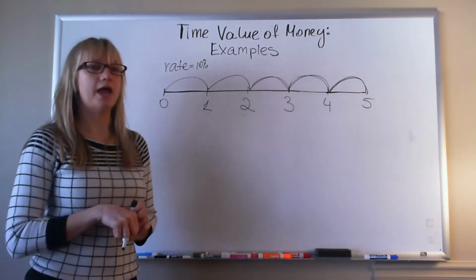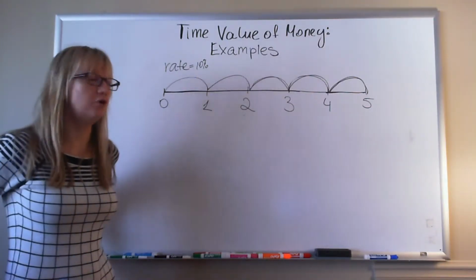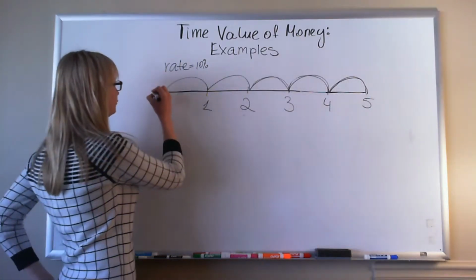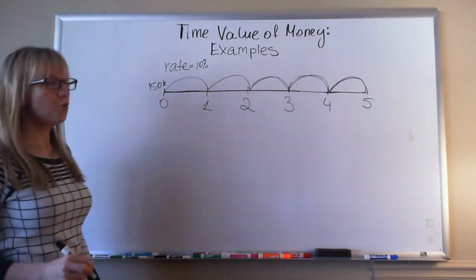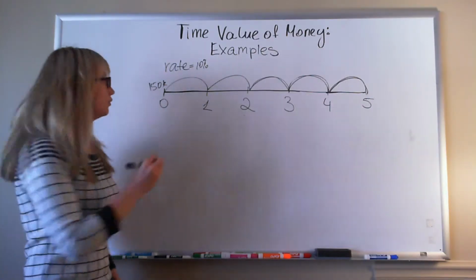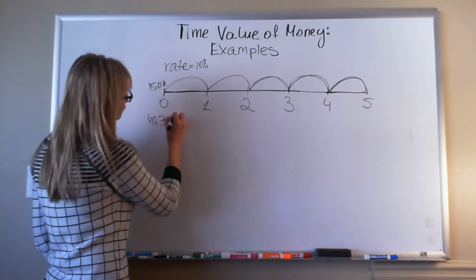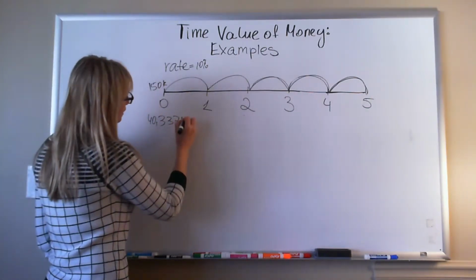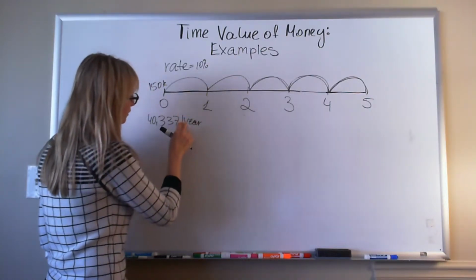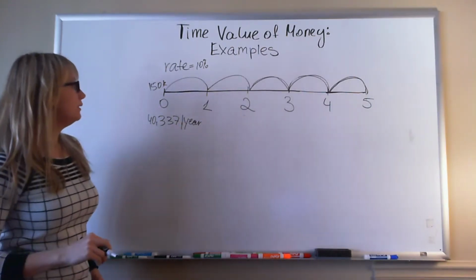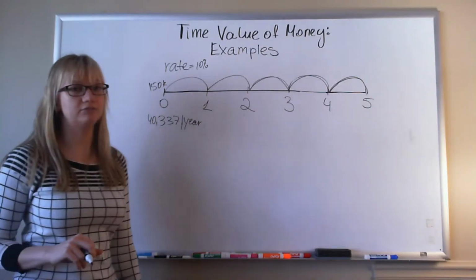And the lottery company comes back to you, which they actually do in real life, and tells you, we can either give you $150,000 today, or we can give you $40,337 every year. What we want to try to figure out is, is this a fair deal?